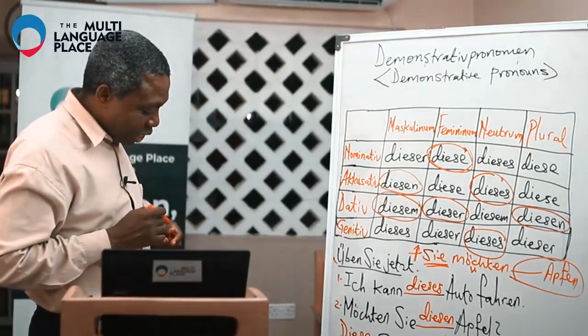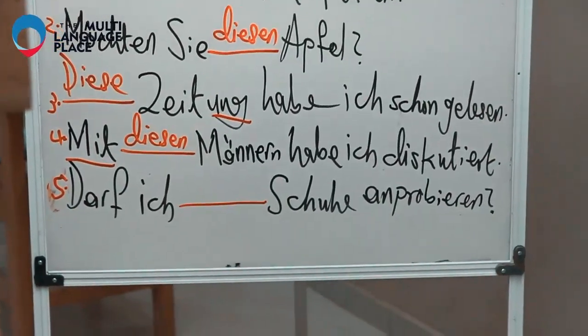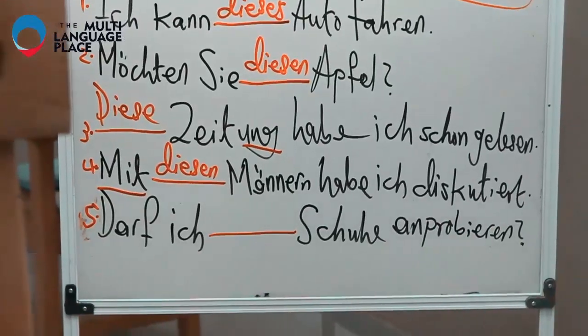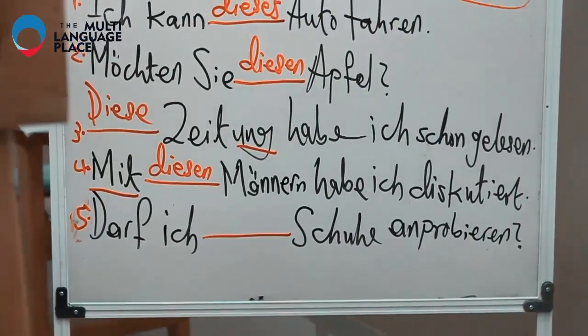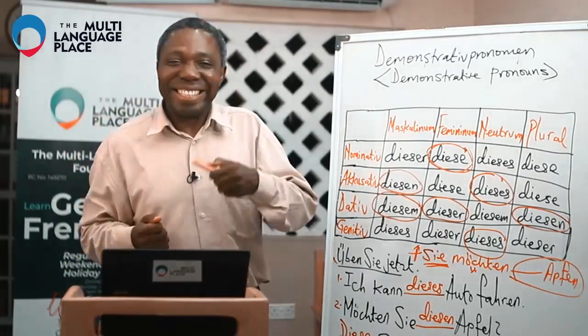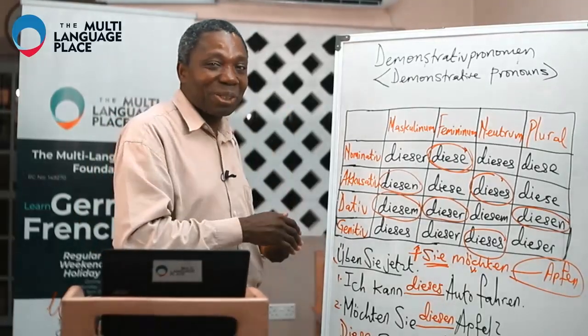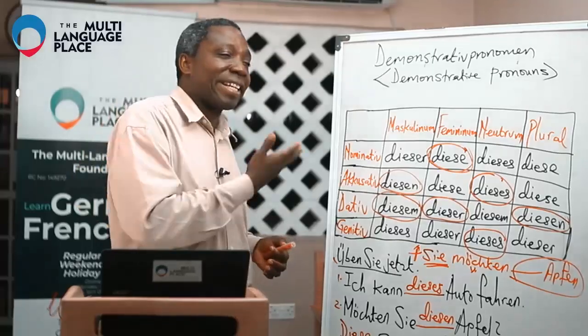Then we go to the last one, Nummer 5. Darf ich Schuhe anprobieren? Darf ich Schuhe anprobieren? And you know, normally when you are talking, one may not even hear if you are saying diese or dieses or dieser and all that. But when you are writing, then we see it clearly. So that's why one should note it very well, so that one will be able to speak it well and write it well.